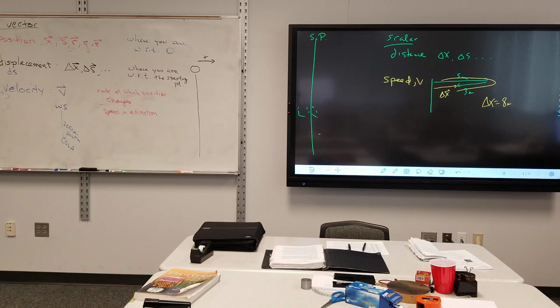So if I go from Winston-Salem to Columbia, South Carolina, what will be my displacement when I get there? 200 miles. Well, what do you mean by that? Negative, because you're heading down. You're on the right track, but you have to do something if you're gonna say negative.